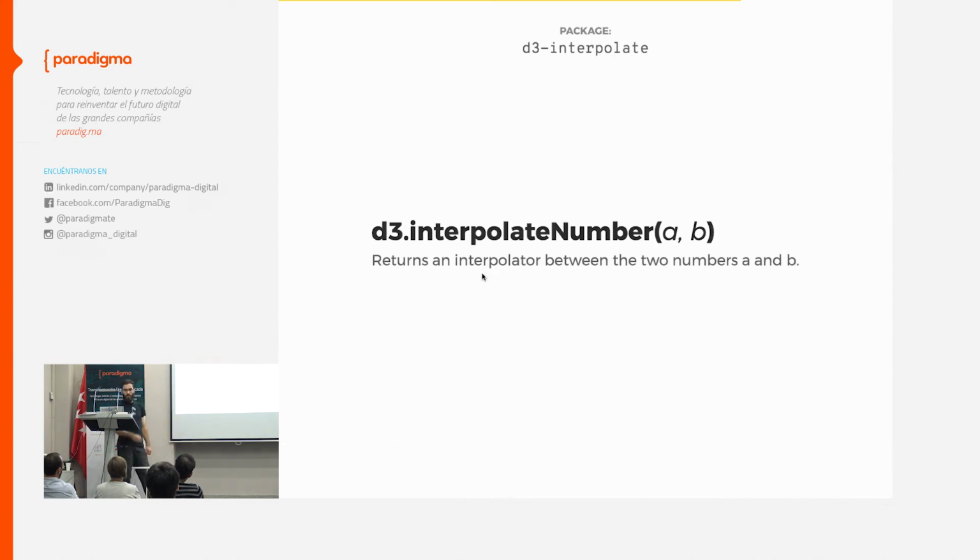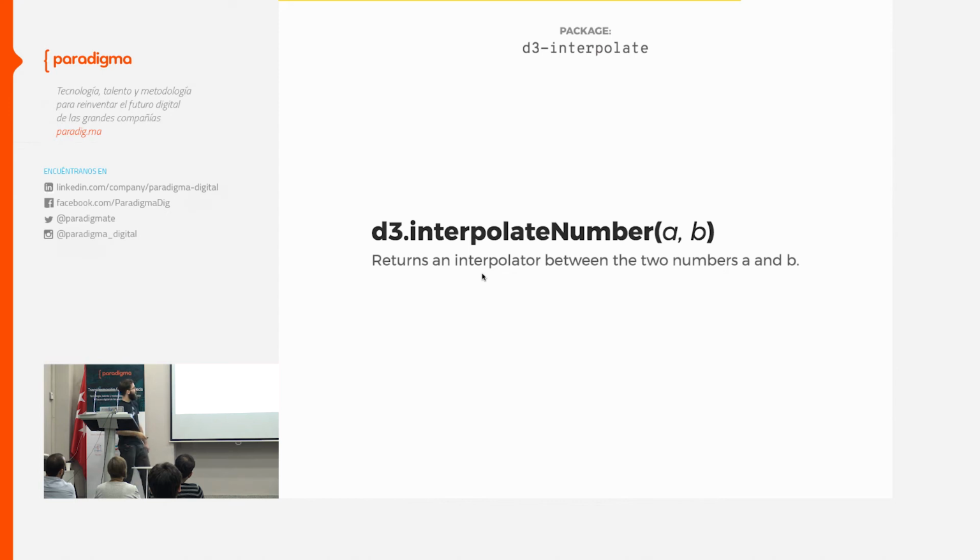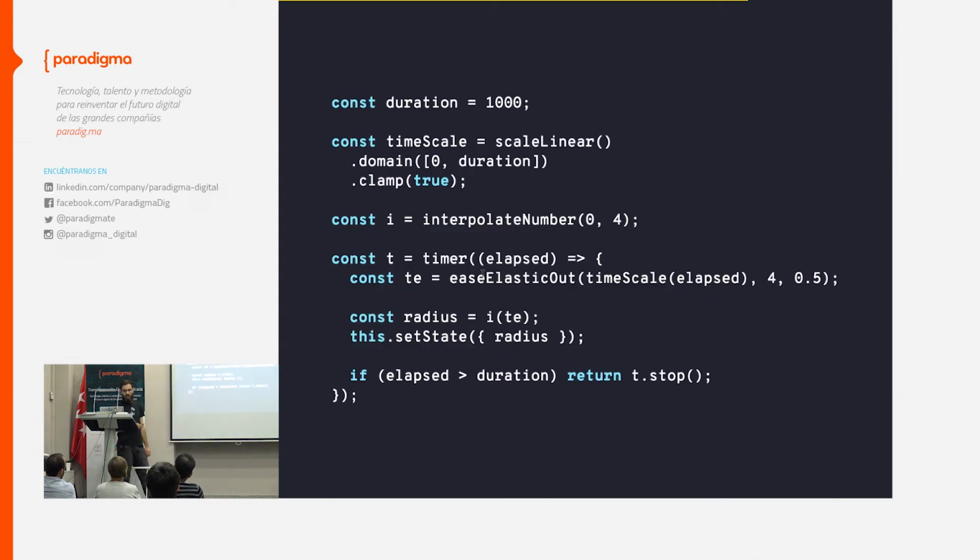Next up, we have interpolateNumber, because as you noticed, the ease function needs a number between 0 and 1, and our timer gives us a duration in milliseconds. So we need a way to obtain these numbers and to get the correct values of what we are trying to animate. To do that, we use interpolateNumber. You simply pass A and B, and then you get a number between 0 and 1, which is exactly what we need. So this is how you use all of those together.